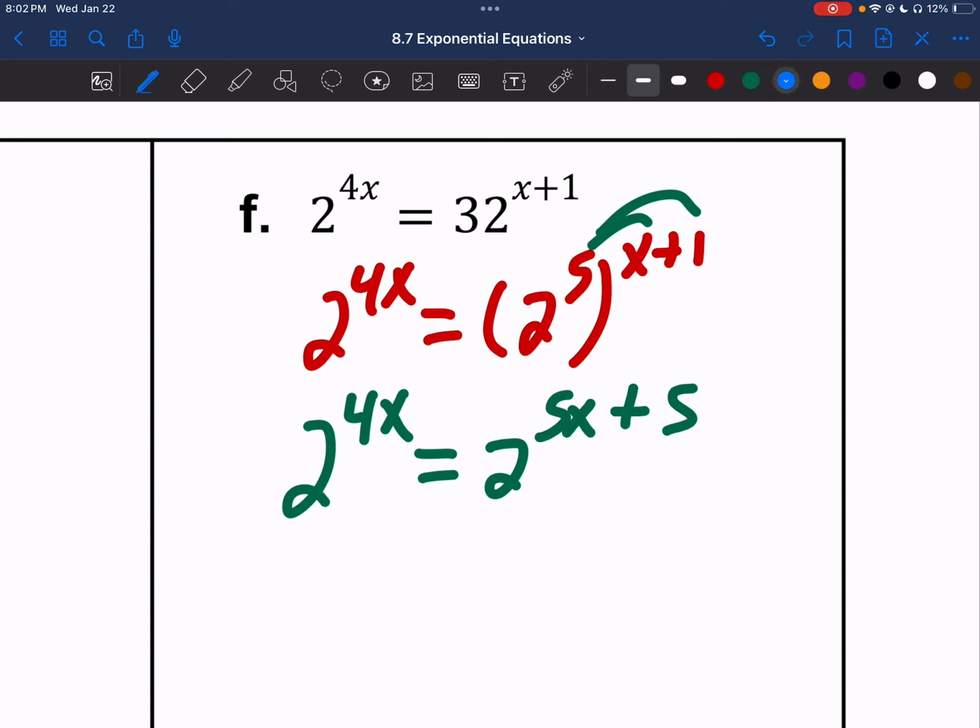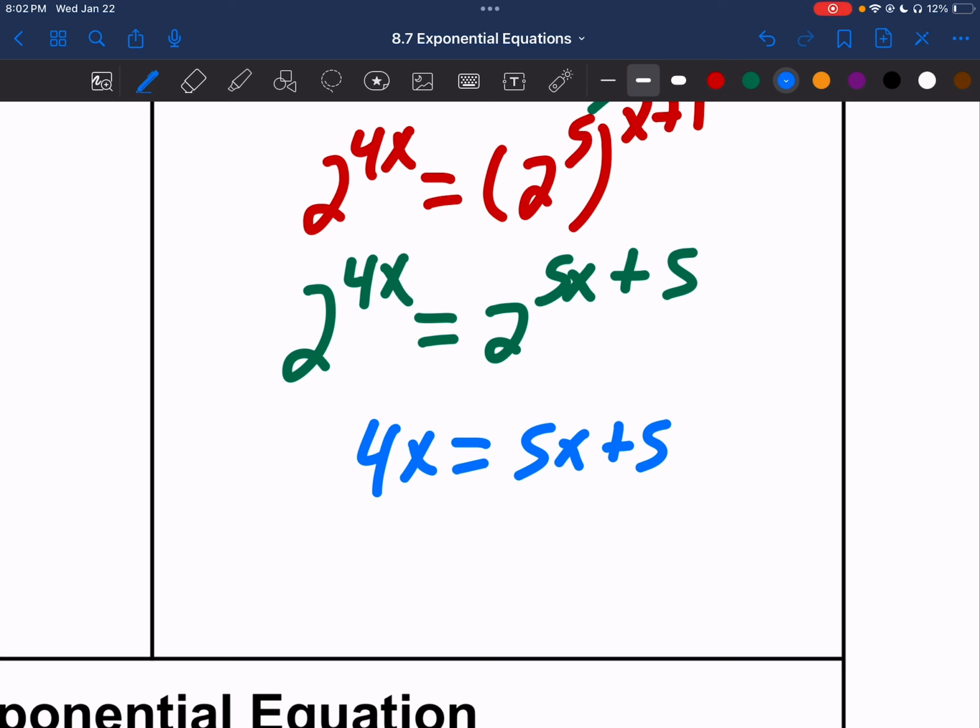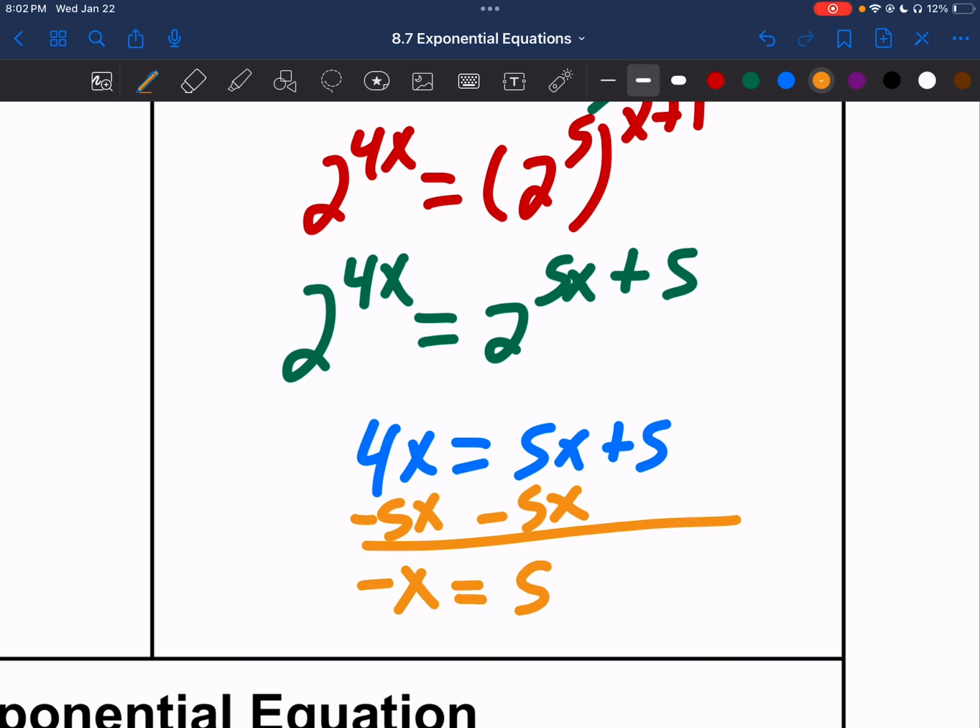And now we have 4x equals 5x plus 5. Subtract 5x from both sides. We get negative x equals 5. Divide by negative 1, and we get x equals negative 5.